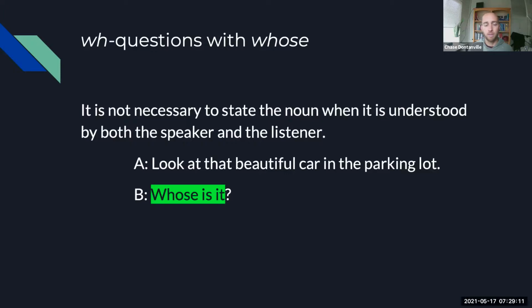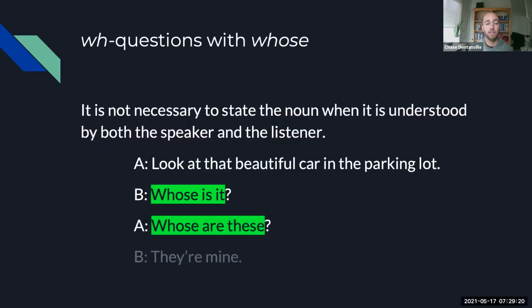But we don't need to repeat. Whose is it? Or whose are these, right? We're not saying the noun. Whose are these? They're mine. Maybe I'm holding something, like, whose are these? And you say, they're mine, okay? We don't have to say the noun because we understand what the noun is.